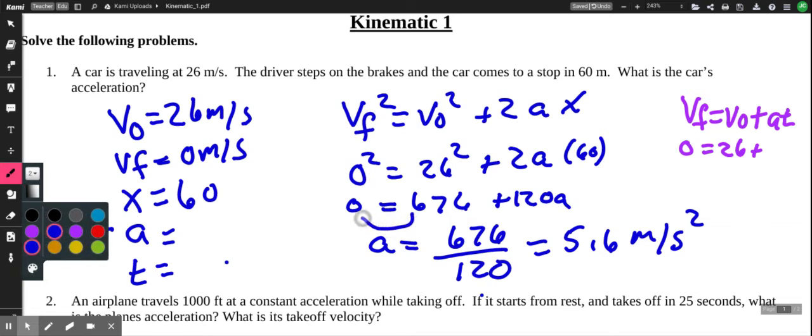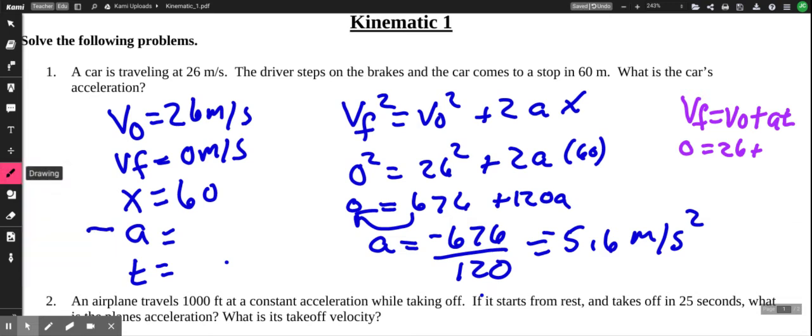When I brought this over to the other side, that did become negative, so it should have been negative 5.6. And we would have that here, negative 5.6 t. So t is equal to negative 26, when you brought 26 to the other side it becomes negative, divided by, again, negative 5.6.